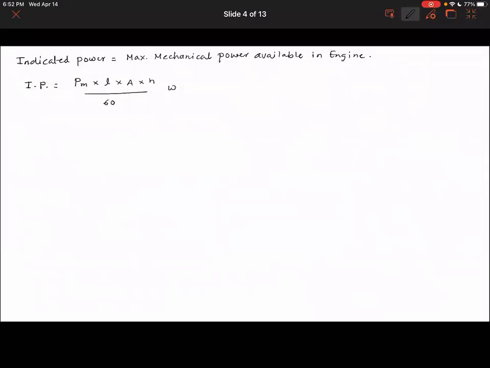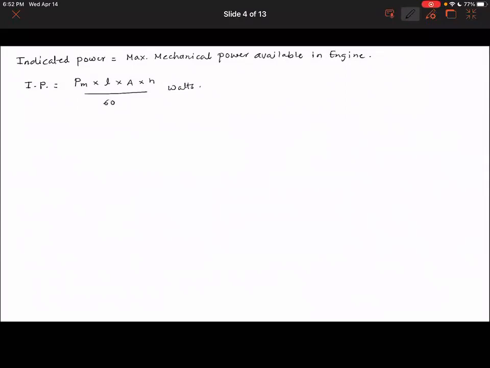And this is in watts. Sometimes indicated power is given in horsepower in some older design books. So if you come across the horsepower equation, I would just convert that to kilowatts or watts and then work out the problem.